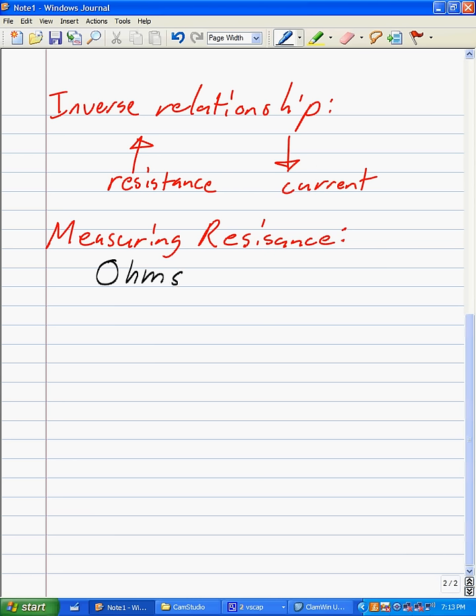But if you find the Greek letter omega too difficult to draw and you just want to write out the term ohms, that's fine. So 1 ohm, see, I'm having a hard time drawing it already.